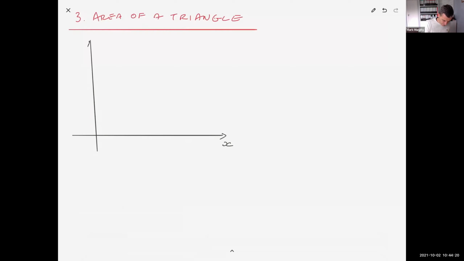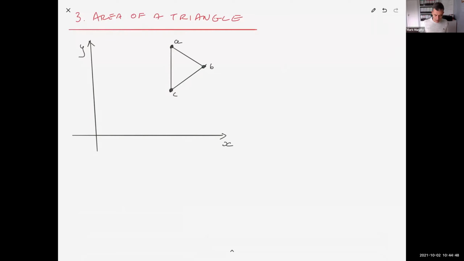Say you're given a triangle, like that, and you're given the vertices. I'll do an example in a minute. Let's say that's A, B, and C, right?